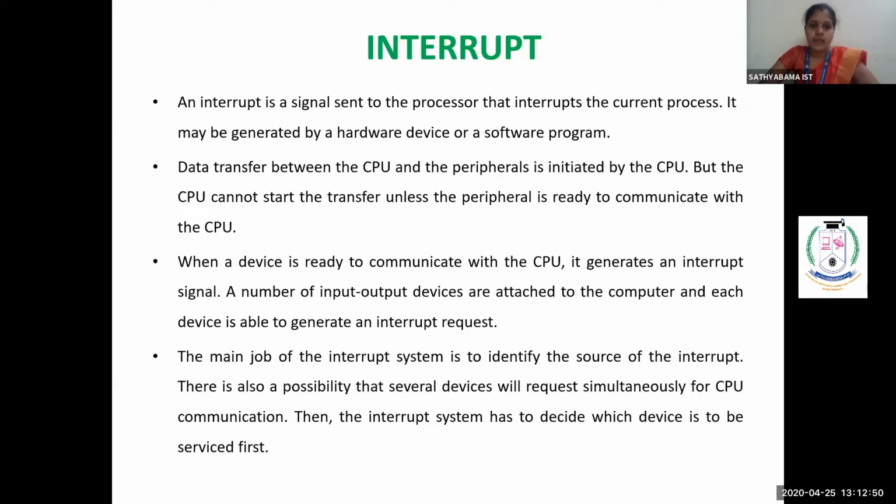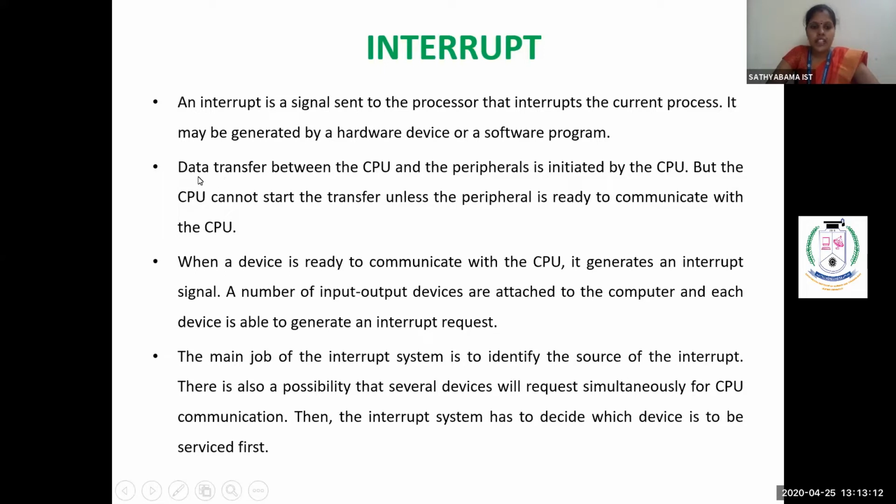It may be generated by a hardware device or by software. Where will this signal actually come from? From the peripheral device, the external device, or the hardware device. Otherwise, a software program can also generate an interrupt signal.